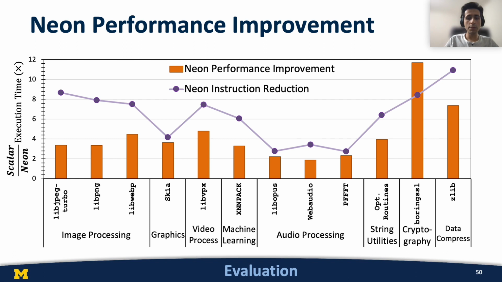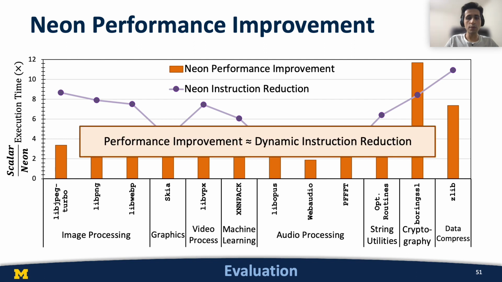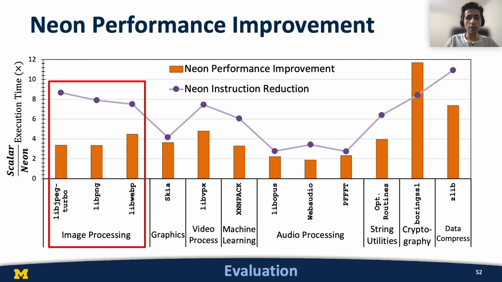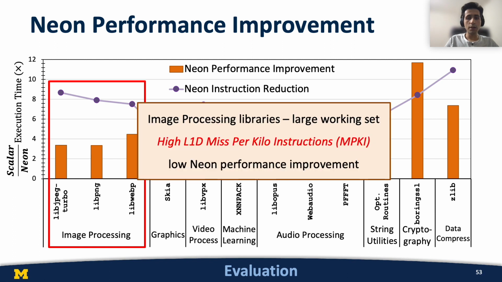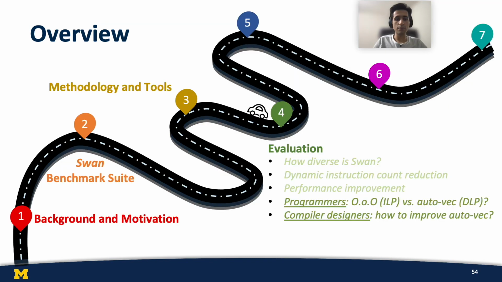Comparing the performance improvement and instruction reduction shows that these two parameters are highly correlated. Image processing libraries, however, do not follow the same trend. This is because these libraries operate on large working sets, which substantially increases the miss per kilo instruction or MPKI of the first level of the cache.